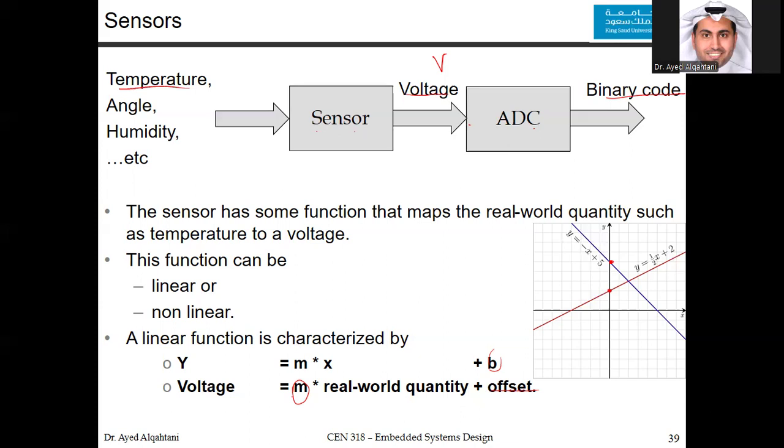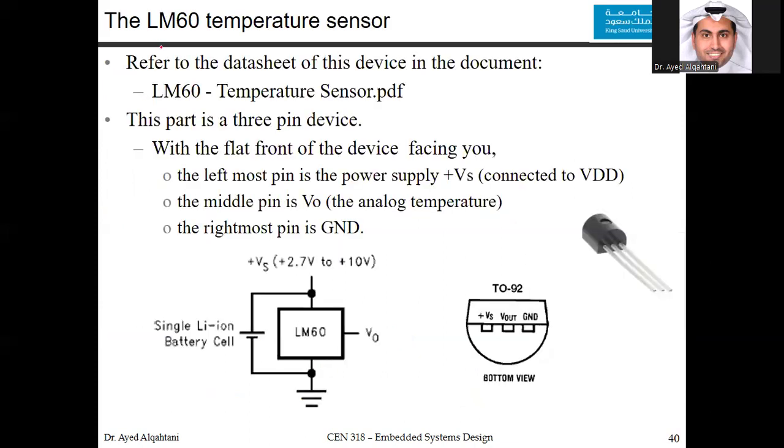The choice that we made here is called LM60, the temperature sensor. You can go and find its data sheet to read more about it. However, the important data for the LM60 is already here.